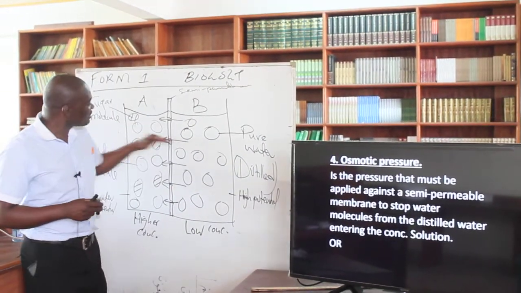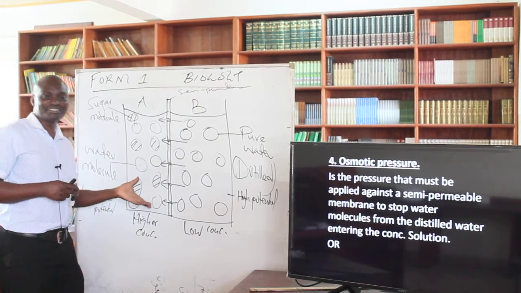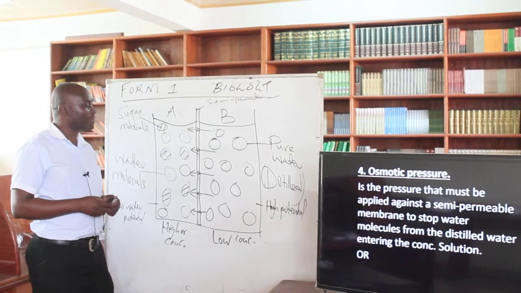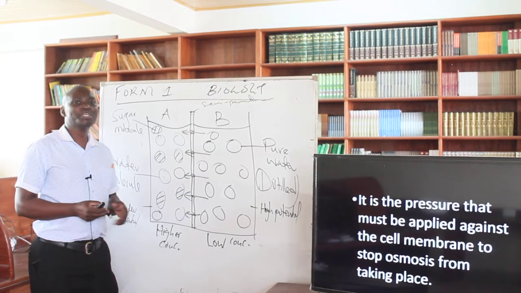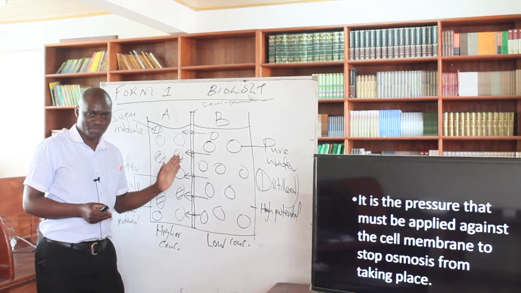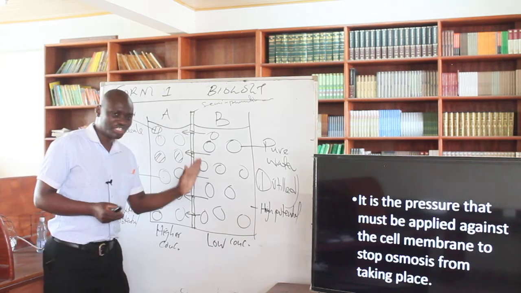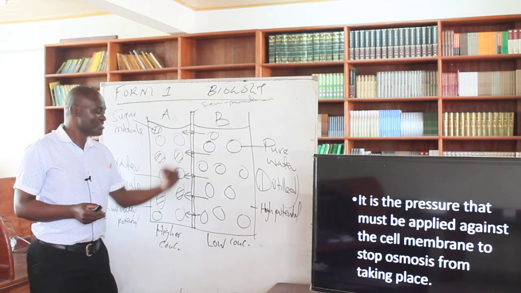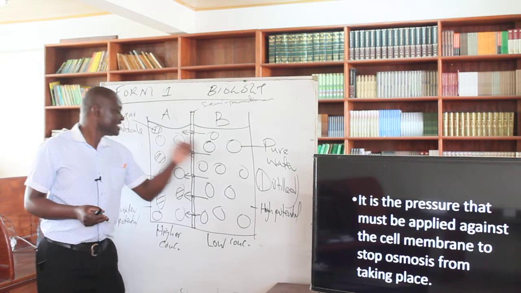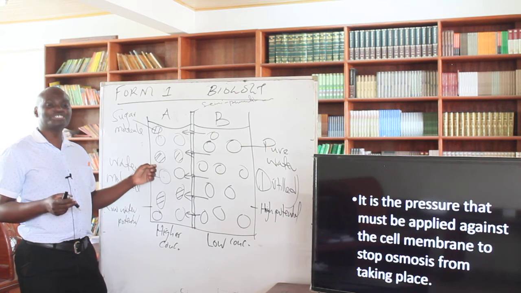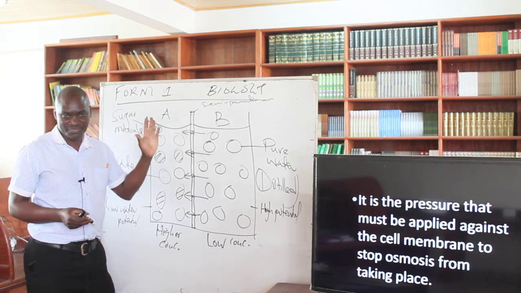We can stop water from moving into the concentrated solution. How do we stop it? By applying pressure. That pressure which is applied against the semi-permeable membrane to stop water molecules from moving from the distilled water into the concentrated sugar solution is what we call osmotic pressure.